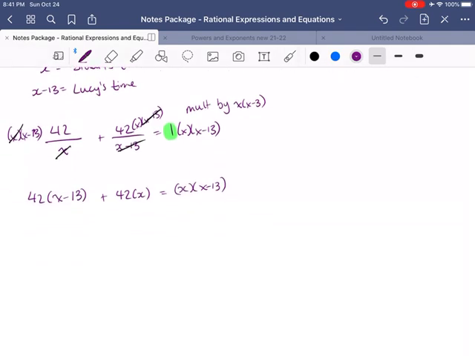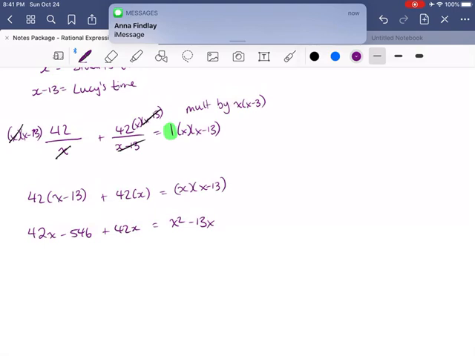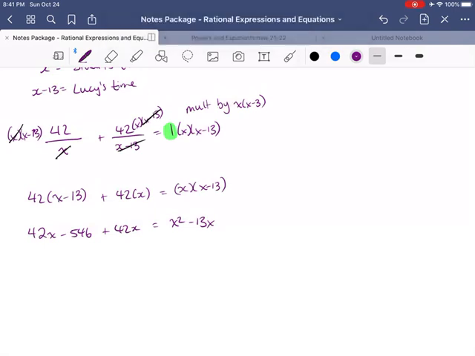So let's do some expansion and then collect like terms. We've got 42x minus 546 plus 42x is equal to x squared minus 13x. Let's bring everything over to one side and collect our like terms. So 42x plus 42x gives us 84x.